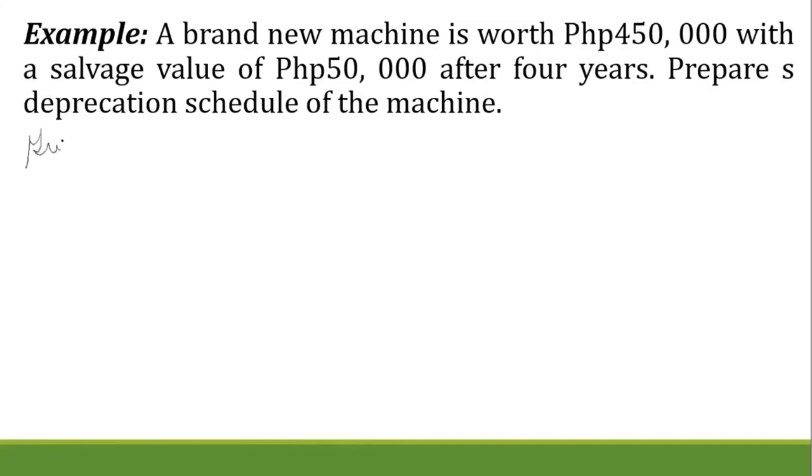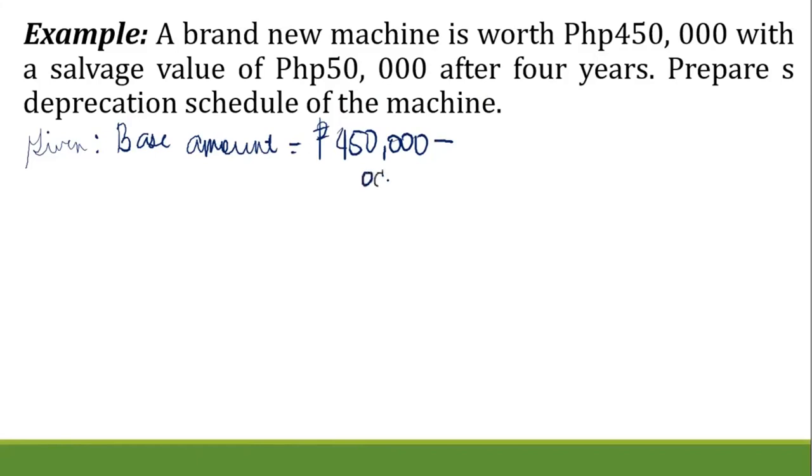First, we have to identify our givens. In our problem, we have the base amount, which is equal to 450,000 minus the salvage value of 50,000. As we said earlier, the base amount is the difference between the original cost and the salvage value, with SV being the salvage value.